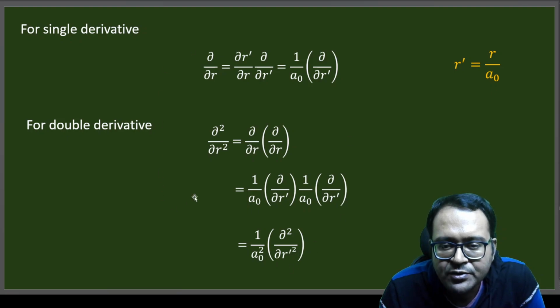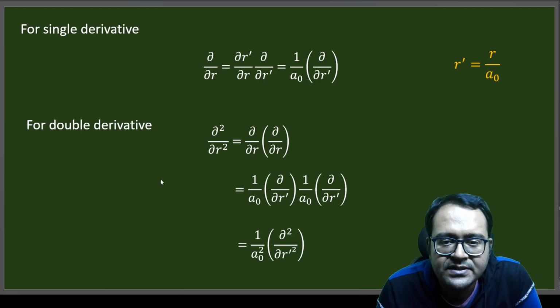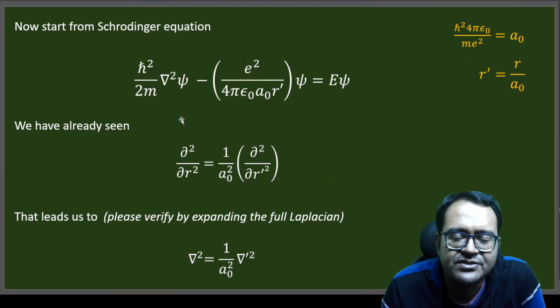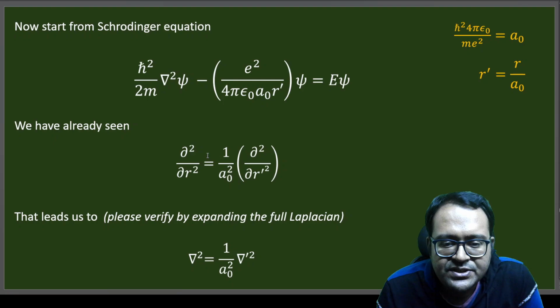In this way, we are transforming your Laplacian from dependence on r to r prime. Theta and phi I am not considering because they are independent of r. Theta will be theta and phi will be phi. Please verify it by expanding the full Laplacian.